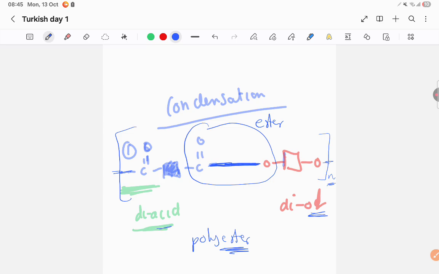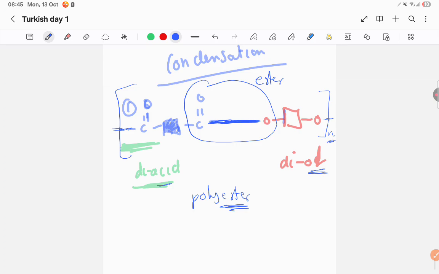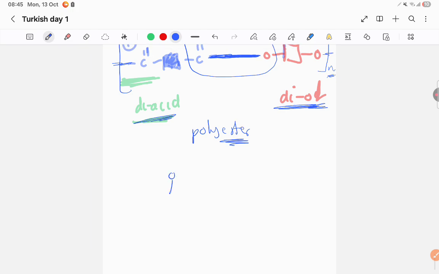But of course, to make a polyester, to make a long chain, everyone should have two hands, right? It should be a diacid and a dialcohol. Do you get the point? If I want to make a long human chain, everybody should have two hands. If I have young people who have one hand, that might not work to make a human chain, isn't it?